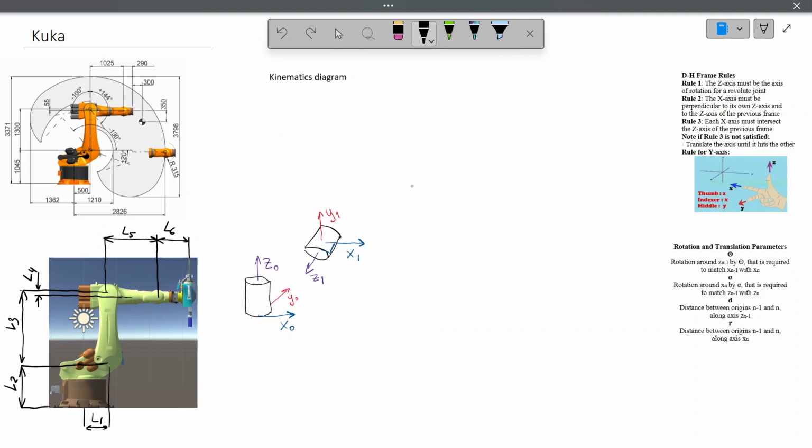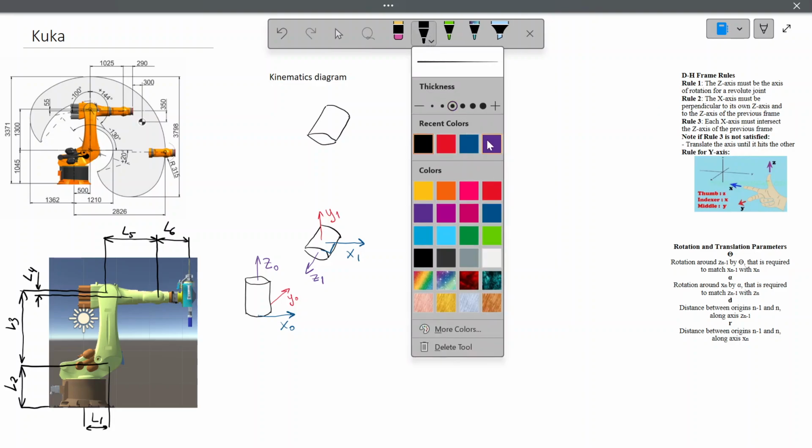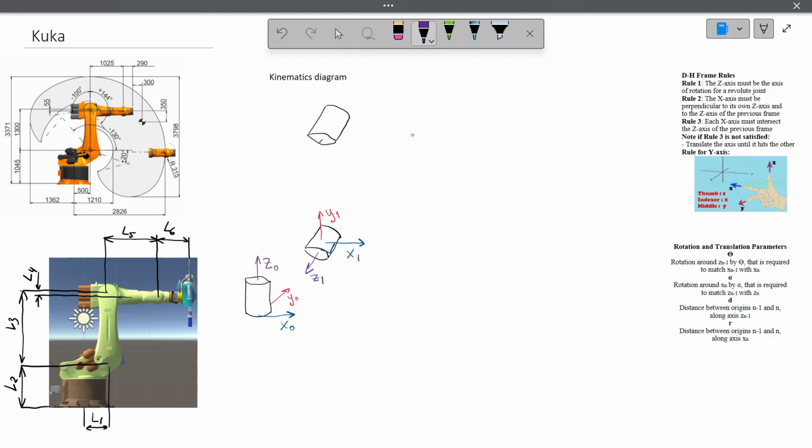So we draw it similarly, somewhere above. Again, first of all, we start from the z-axis. Again, it's the axis of rotation, z2.